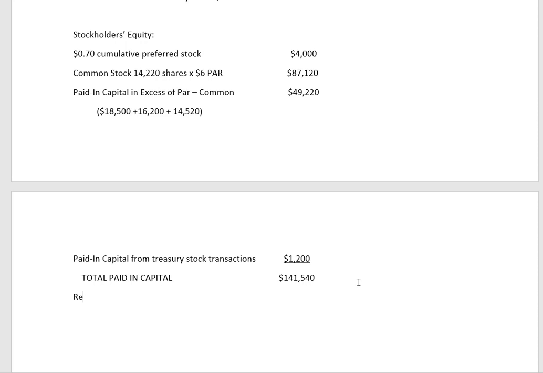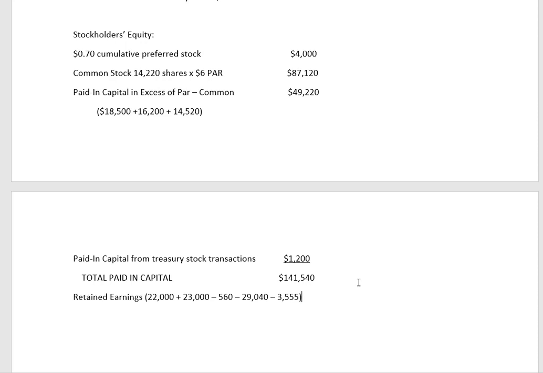Then we have our retained earnings. So what am I going to have for retained earnings? Well, I'm going to have the number I started with back on December 31st, 2018 that they gave me, 22,000. They told me my net income for 2019 was $23,000, so I'm going to add that to retained earnings. Then I paid some dividends. All the areas where I debited my retained earnings, now I have to adjust that.